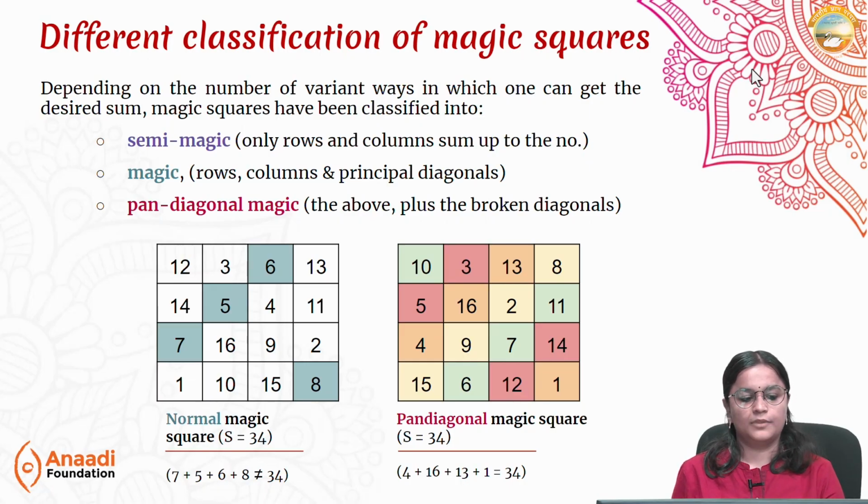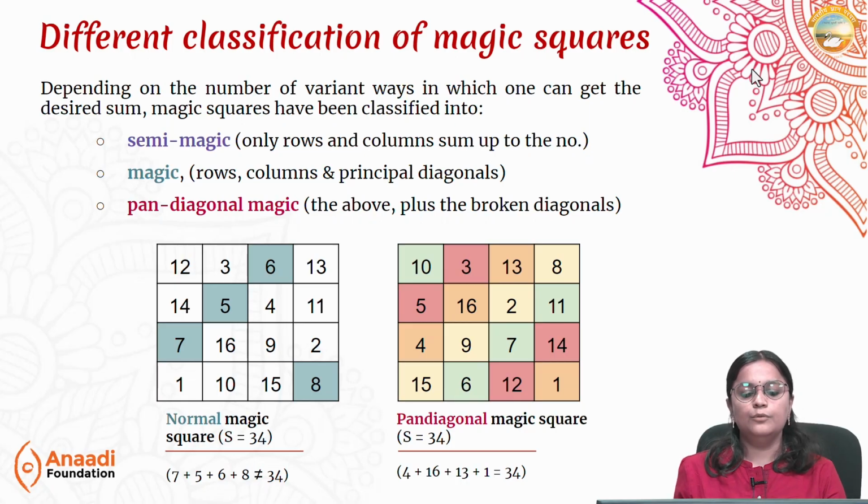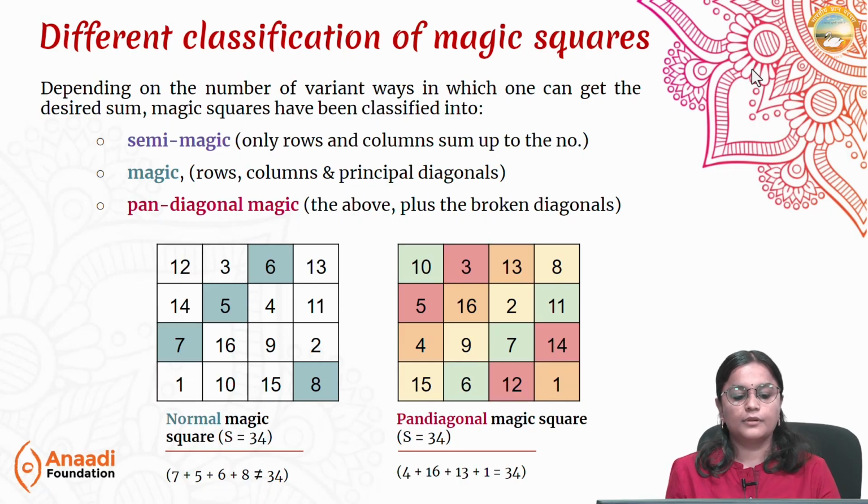In a magic square, our rows, columns and our principal diagonals add up to our magic sum. And finally, this special category called a pan-diagonal magic square, in which all of the above plus the broken diagonals also give us the magic sum.